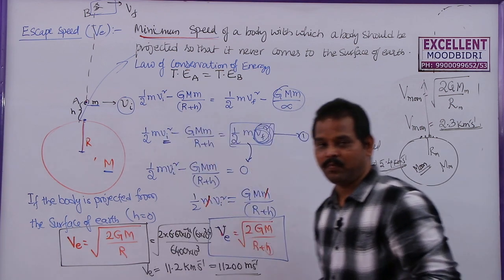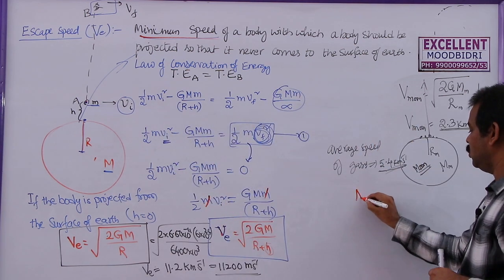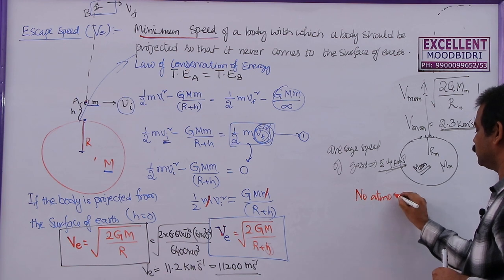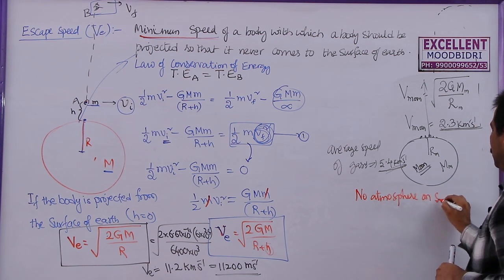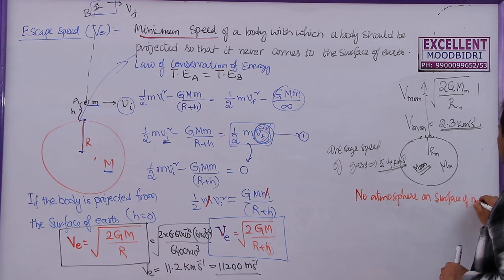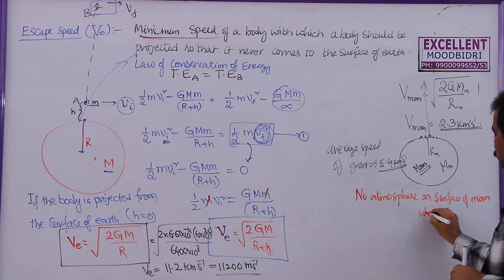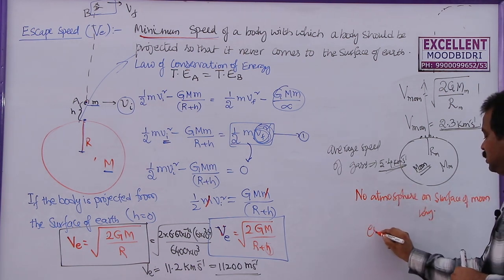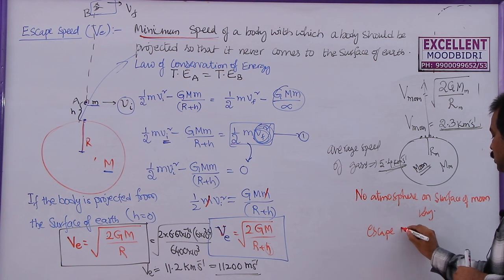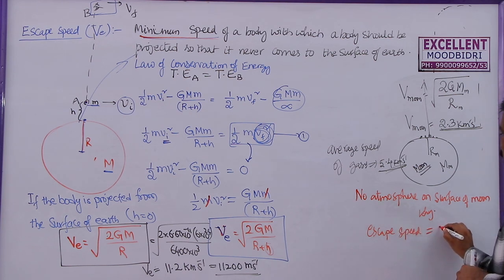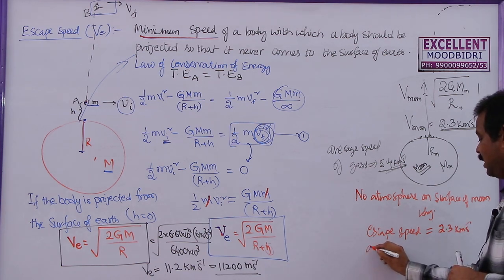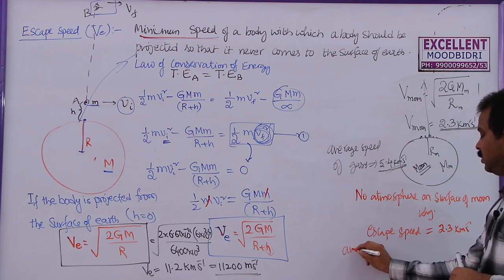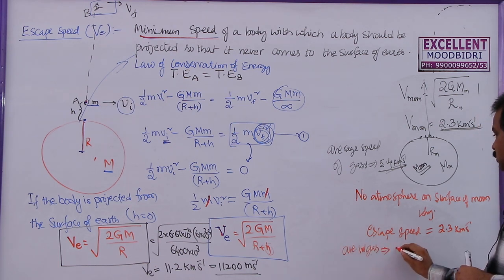This is a 1 mark, very very important question. Why is there no atmosphere on the surface of the Moon? Because the escape velocity, or escape speed, on the surface of the Moon is equal to 2.3 kilometer per second, but the average velocity of gases is around 5.4 kilometer per second.